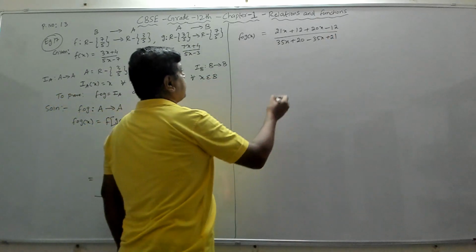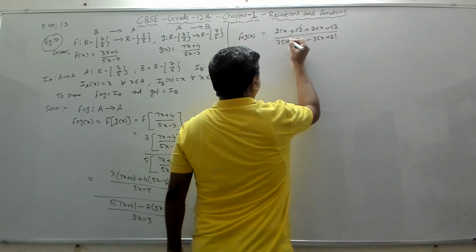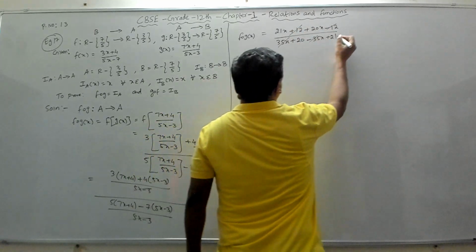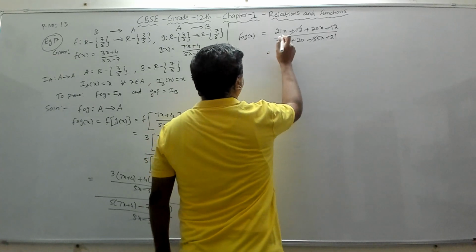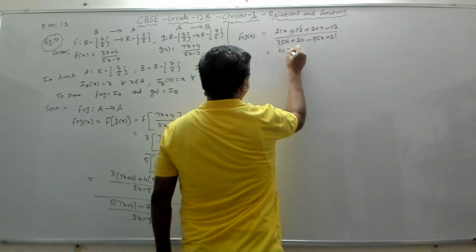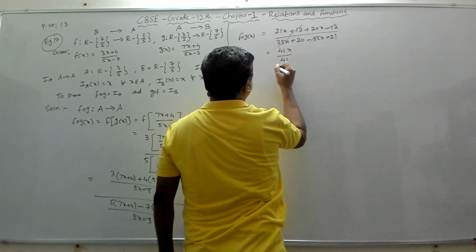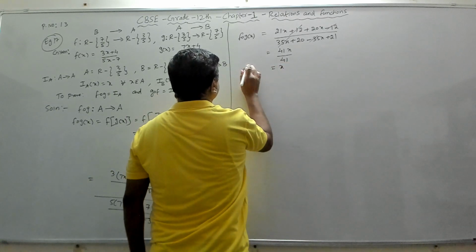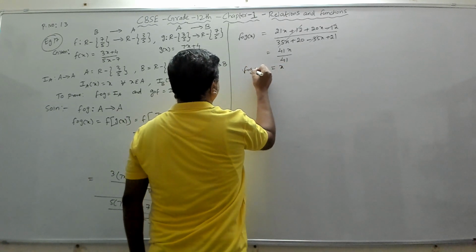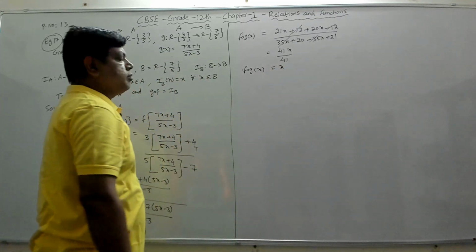Now plus 12 minus 12 will get cancelled, 35x and minus 35x get cancelled. Finally, this is equal to 21 plus 20 is 41x by 20 plus 21 is 41, which is equal to x. So what have we proved? We have proved f of g of x equal to x.